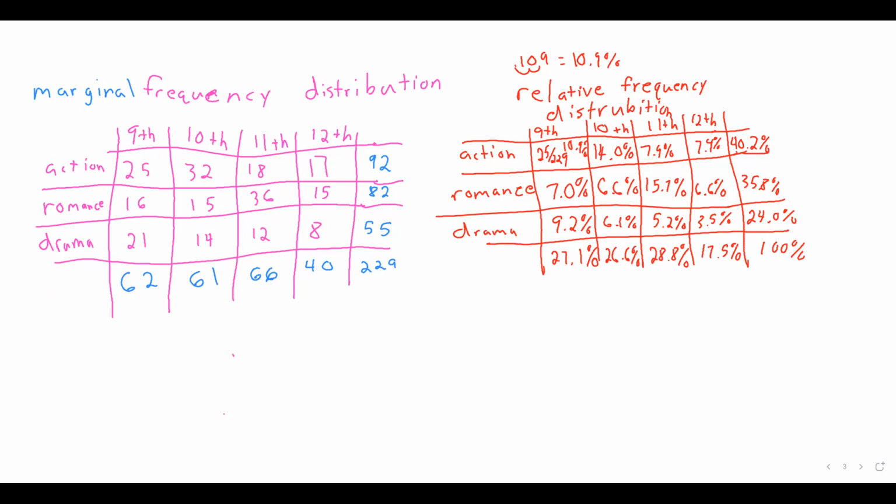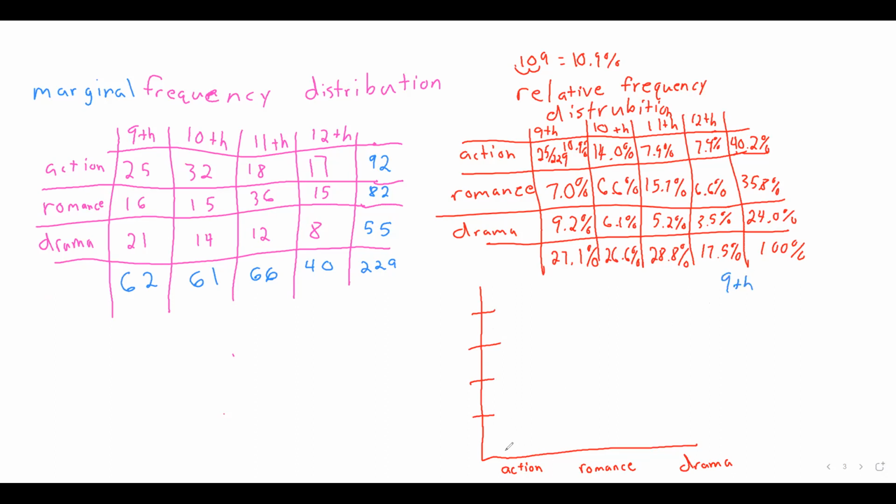I can make that into a stacked bar chart if I want. I'm going to use the categories of action, romance, and drama down here. And we'll do different colors instead of symbols. 9th will be blue here.